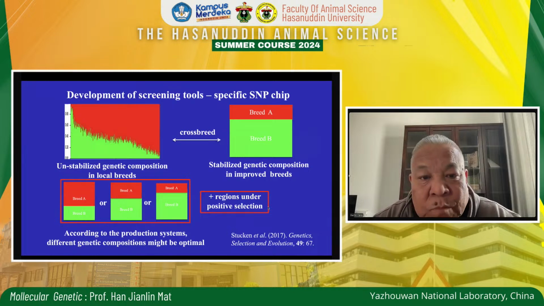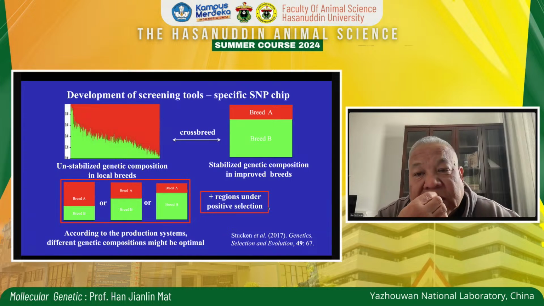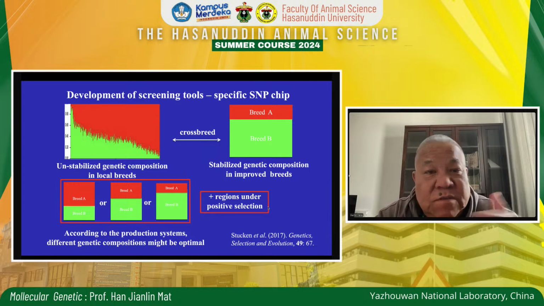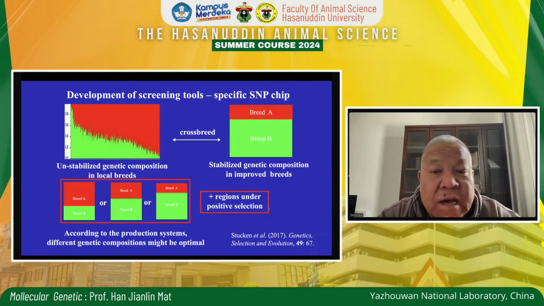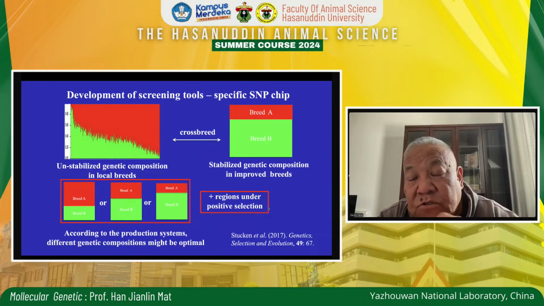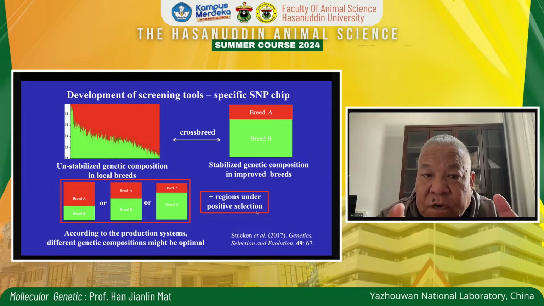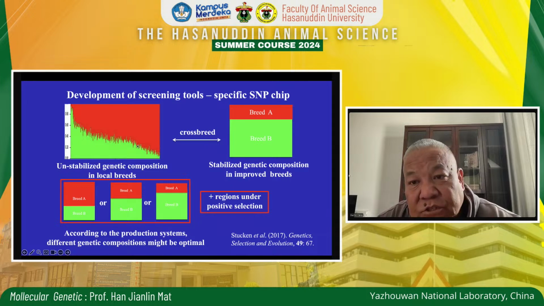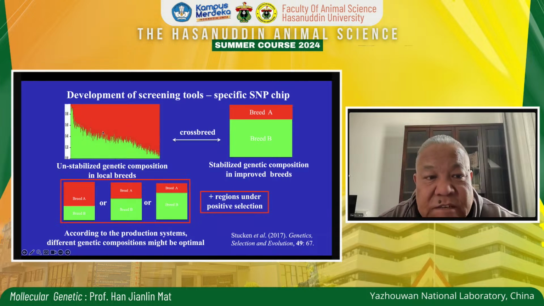By doing the research, we can look at, say, a village, for Bali cattle for example. We may collect 10,000, 5,000 Bali cattle samples, and we can do the genotyping using DNA chips, and we can quantify the genetic composition or the genomic composition of individual cattle.